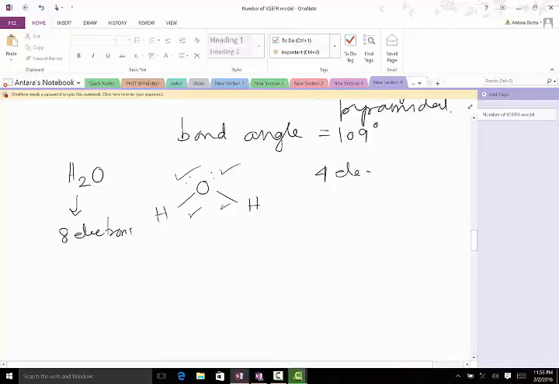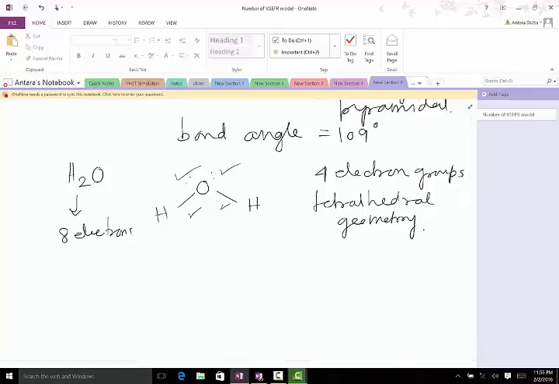So 4 electron groups means tetrahedral geometry. But again, according to the theory, the shape is determined by the number of lone pairs. Now since water has 2 lone pairs, that means the shape will be bent. And the bond angle is 109 degrees.